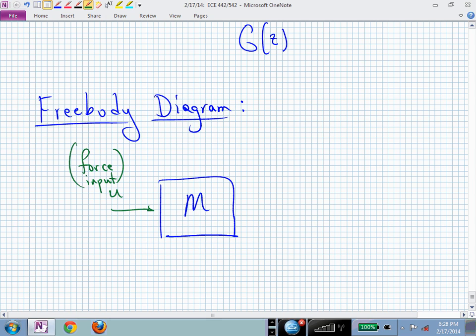I use it for a generic input. Now my input U is actually a force. And I need to draw a line in the sand. Here's my position, X. There's 0. And I want to know how is X related to U dynamically.